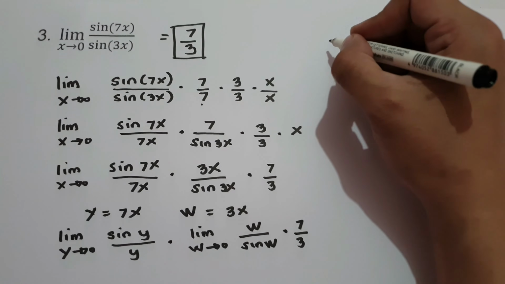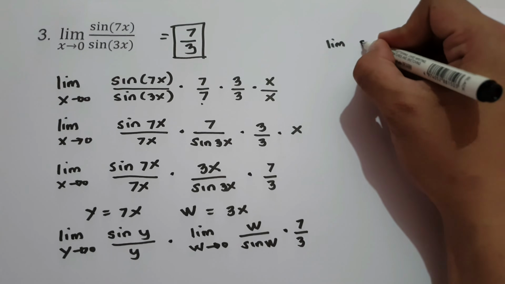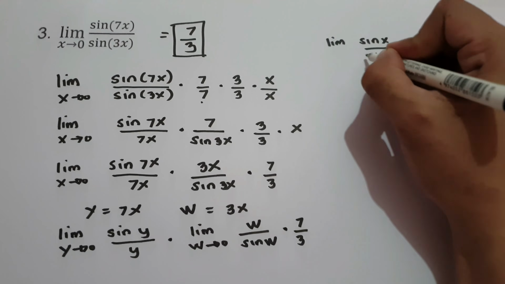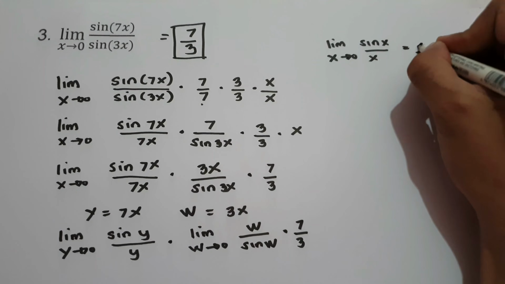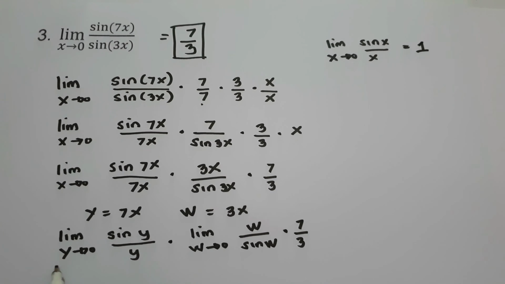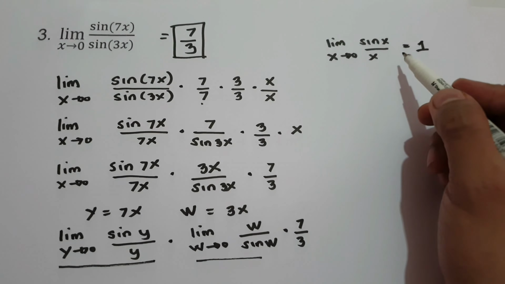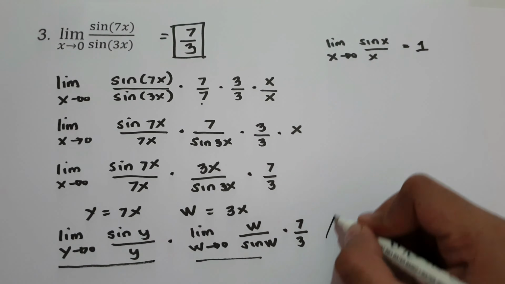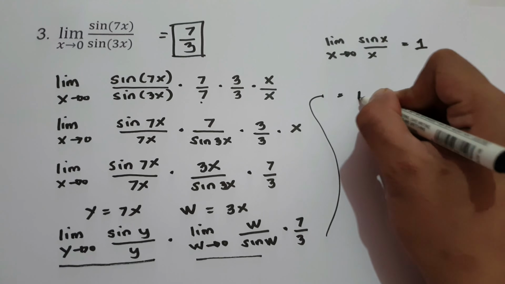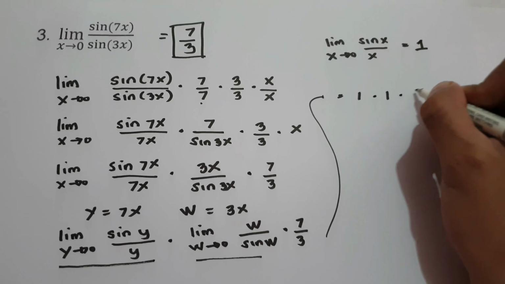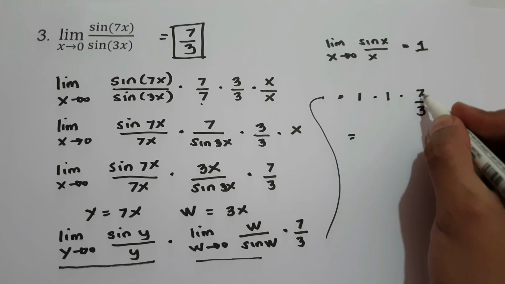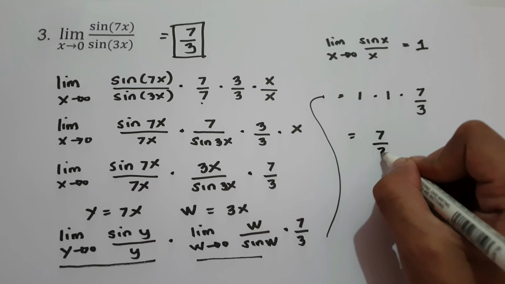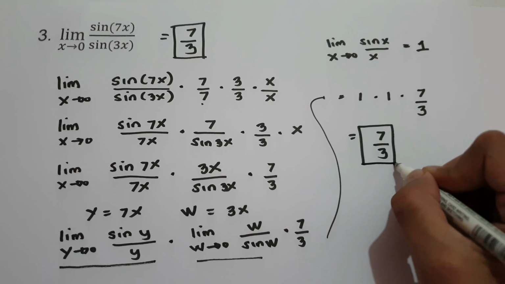And we all know that the limit of sine x over x as x approaches 0 is equal to 1. So this expression is equal to 1, and the reciprocal of this expression is also equal to 1. Therefore, we are going to end up with 1 times 1 multiplied by 7 over 3, and that is 7 over 3. And this will be our answer.